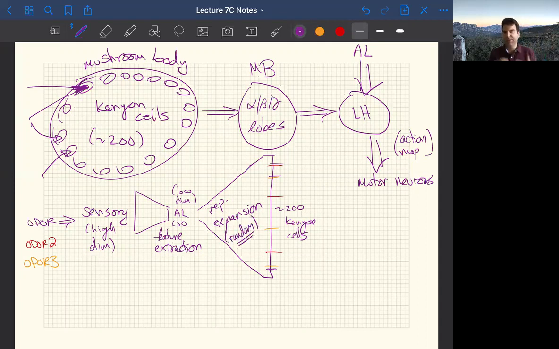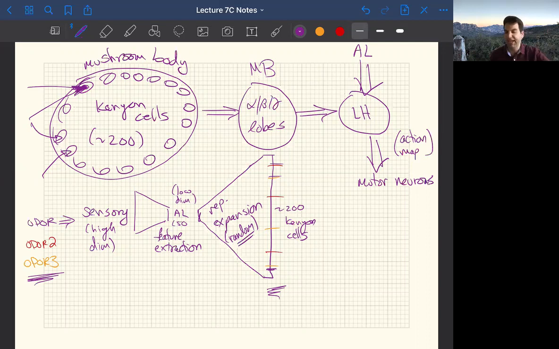And so, to those of you that have taken a data structures class or have a computer science background, does this look like anything you've seen before, where you have inputs coming in and they end up getting a representation that is sparse in the number of representations you could possibly get, but kind of guaranteed to be different than the representations of other inputs?